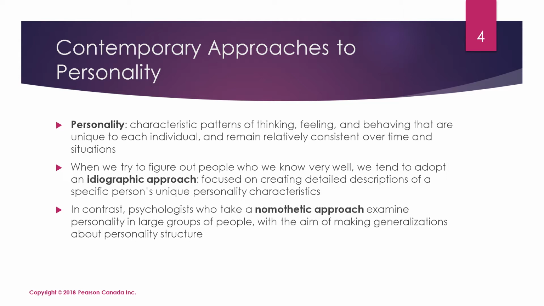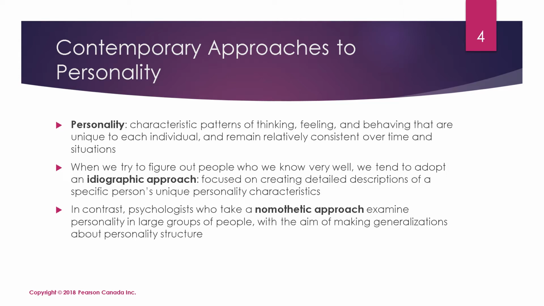So when we're trying to figure out people who we know very well and understand their personality, we tend to adopt what we call an idiographic approach. So basically we're focused on creating detailed descriptions of a specific person's unique personality characteristics. So it's very much more based on the individual. On the other hand, when psychologists study large groups of people, they take what we call a nomothetic approach.